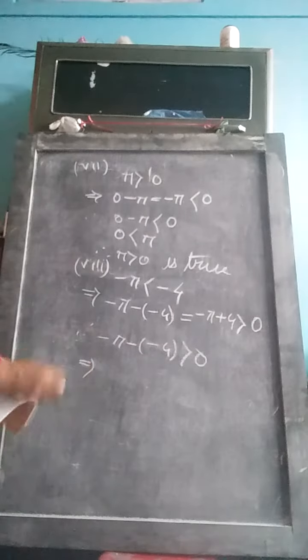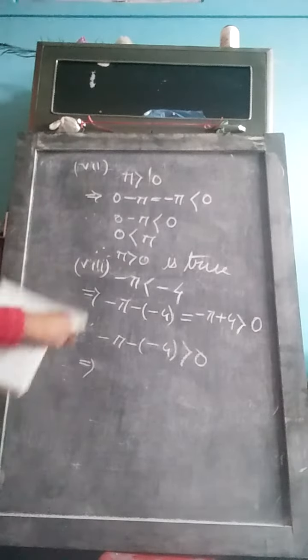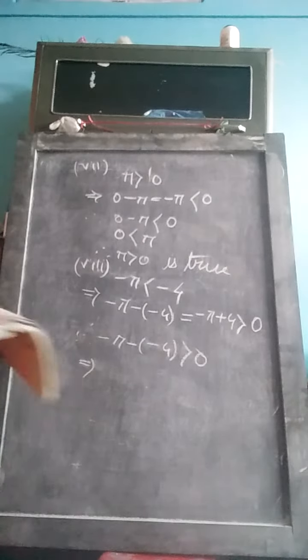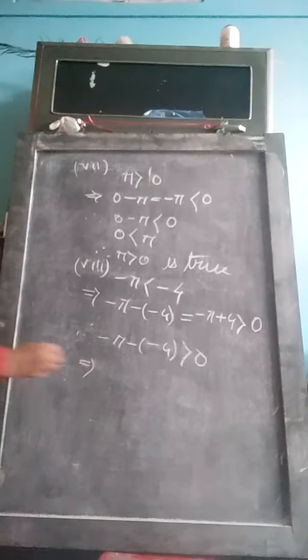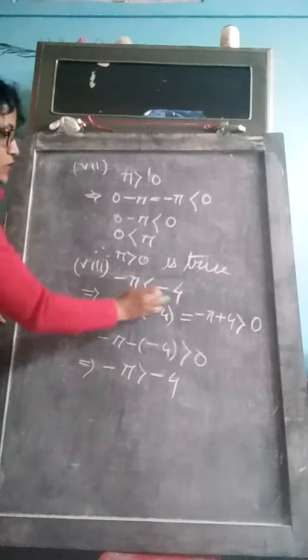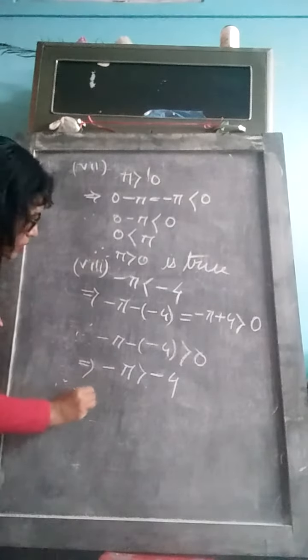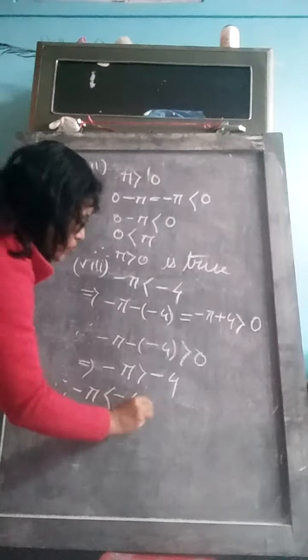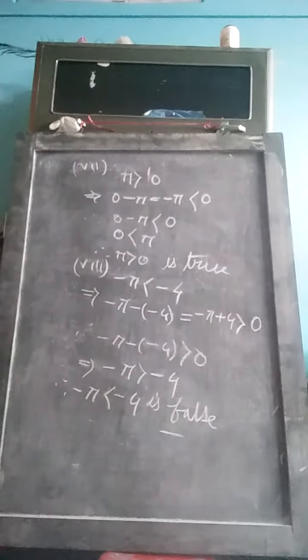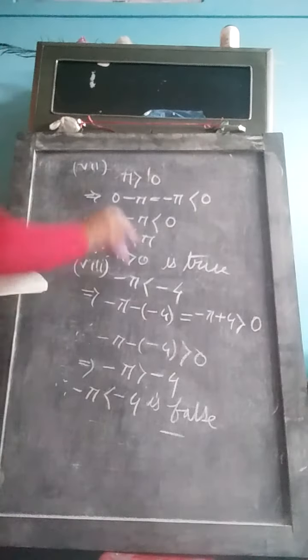This implies minus pi is greater than minus 4. So it is false. Therefore, minus pi is less than minus 4 is false.